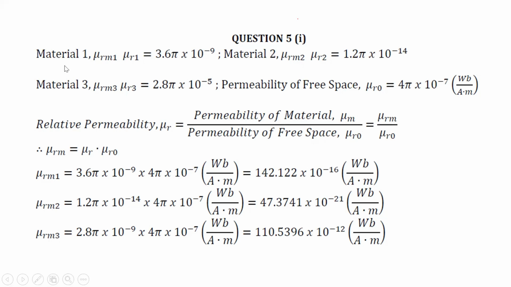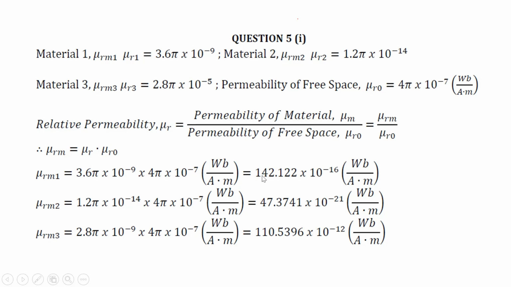For the first one, the permeability of material 1 is 3.6 pi times 10 raised to the power minus 9, which is this. When you make it the subject of the formula, permeability of material will be relative permeability times permeability of free space. And this is what we did for material 1, material 2, material 3.